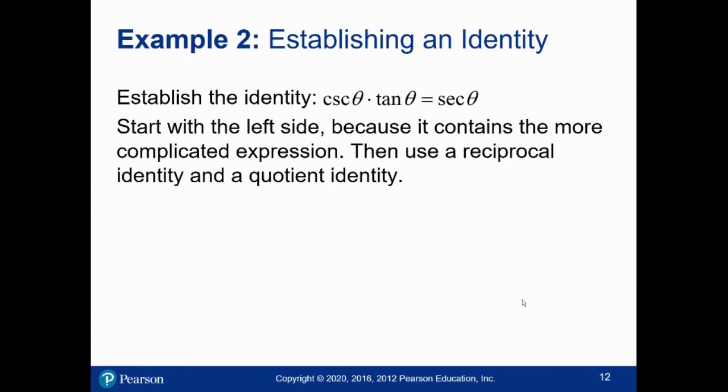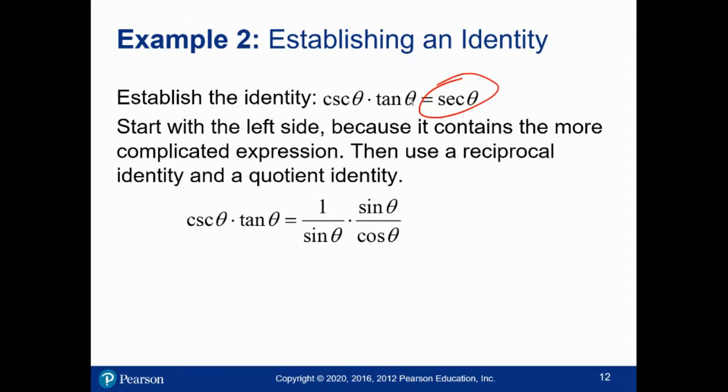So look at cosecant times tangent as one side and look at secant. Which side is more complicated? I'd say the left. It's got two things in it. So we start with the left-hand side, cosecant times tangent, and I want it to turn into just secant. But I have no idea how to get there yet.